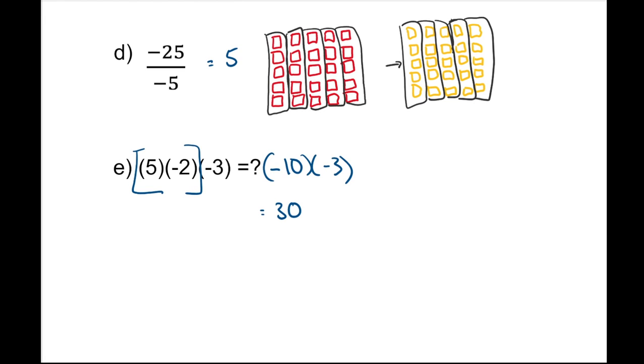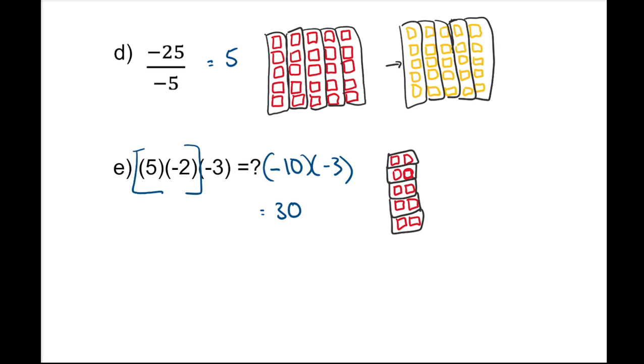Visually, if I have 5 groups of -2, so in total, I have -10.